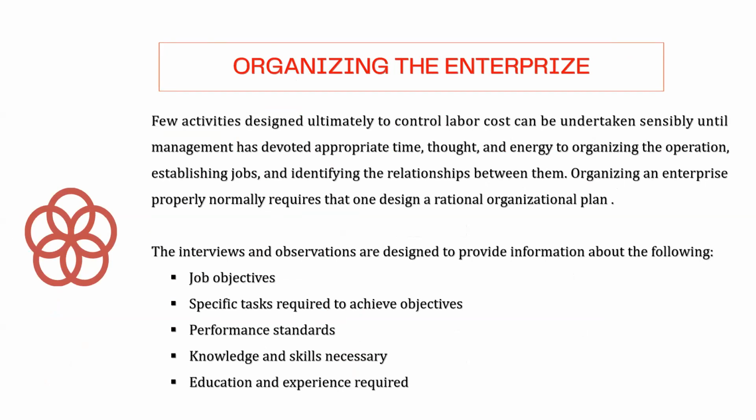Few activities designed ultimately to control labor costs can be undertaken sensibly until management has devoted appropriate time, thought, and energy to organizing the operation, establishing jobs, and identifying the relationships between them. Organizing an enterprise properly normally requires that one design a rational organizational plan.